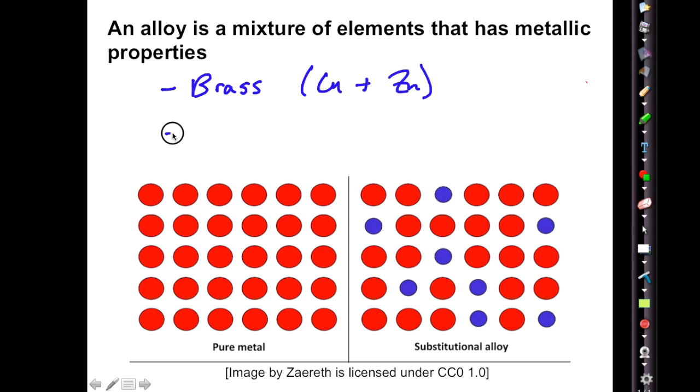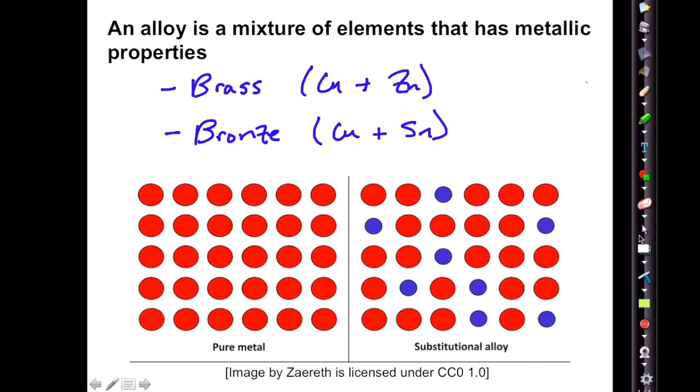A similar alloy would be bronze, which is actually a mixture of copper and tin. And these are both examples of substitutional alloys. So we're replacing some of the original metal atoms with new atoms of a different element, but with similar size.